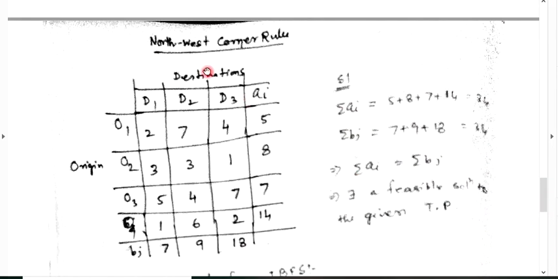Again I am telling you that this question can also be solved in only one matrix. This is my required matrix where we choose the northwest corner cell and allocate the minimum of ai and bj, 5 and 7, which is 5. So 5 completes the requirement of this row.